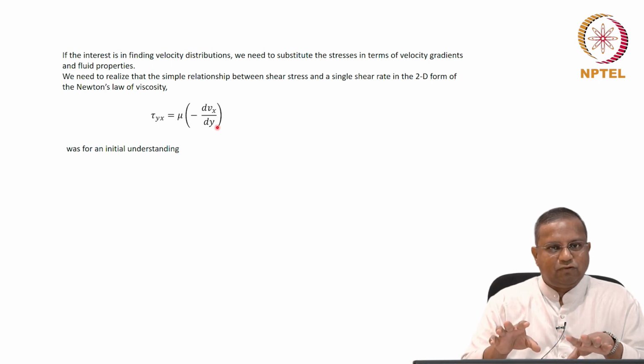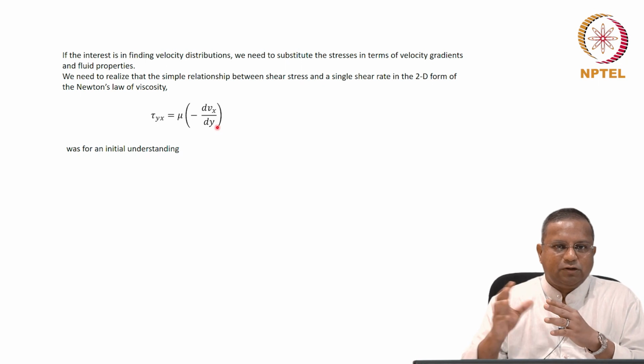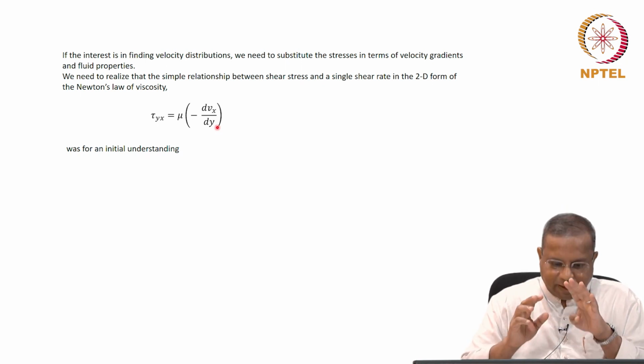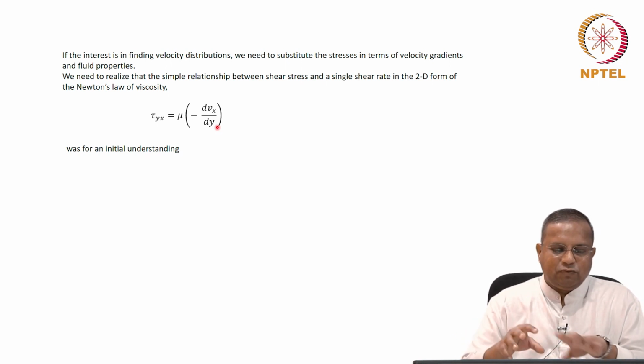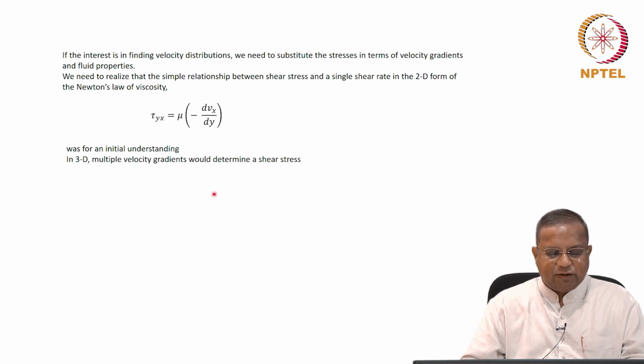This could happen, and it is non-trivial. There's a paper that was published a while ago that has actually worked this out for Newtonian fluids, and they have come up with certain relationships between the shear stresses and shear rates. So this is only for an initial understanding.